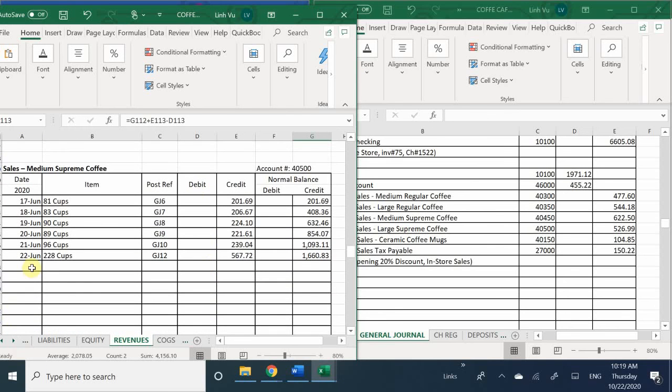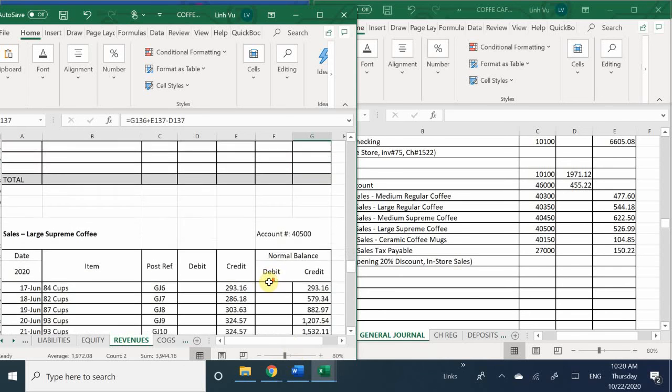Now, sales medium supreme coffee. 250 cups. GJ 12, 622.50. 2283.33.